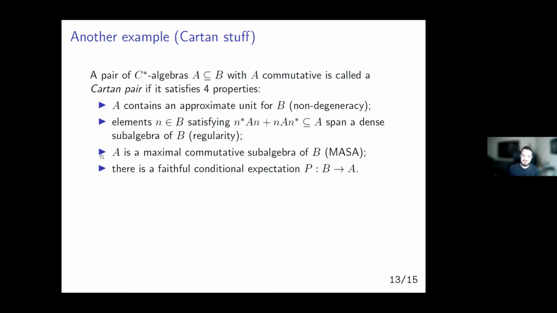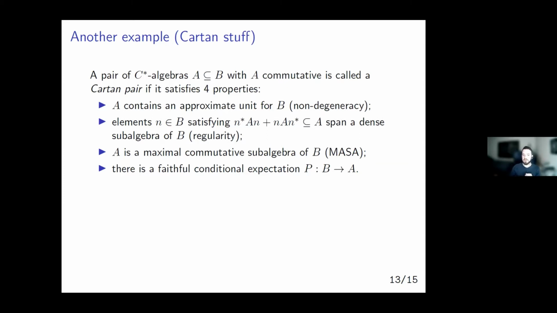The third condition is that A should be a maximal commutative subalgebra of B. So it's just the biggest commutative subalgebra in B that contains A. And then the fourth thing is there should be a faithful conditional expectation from B down to A. If you don't know what this is, you can picture a projection of B down onto the subspace of A, if you like. It is slightly more restrictive than that.